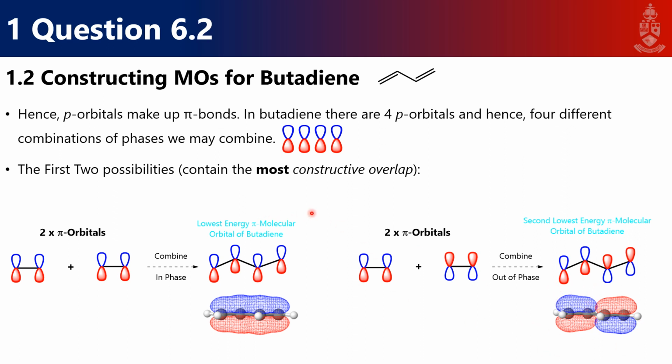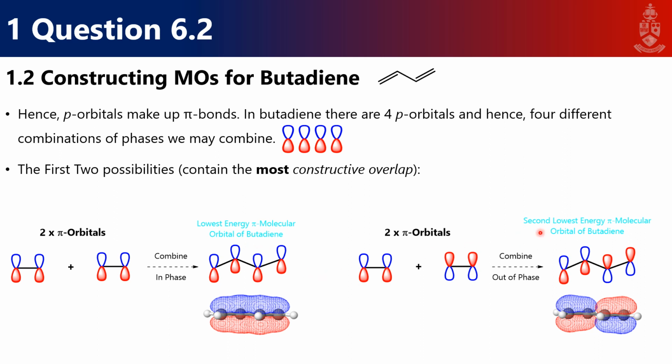That's why I say it contains the most constructive overlap, meaning they loop together to form a molecular orbital. Because they're p orbitals involved in the pi bonds, these are called pi molecular orbitals. This is the lowest energy pi molecular orbital of butadiene, not the lowest molecular orbital of butadiene.